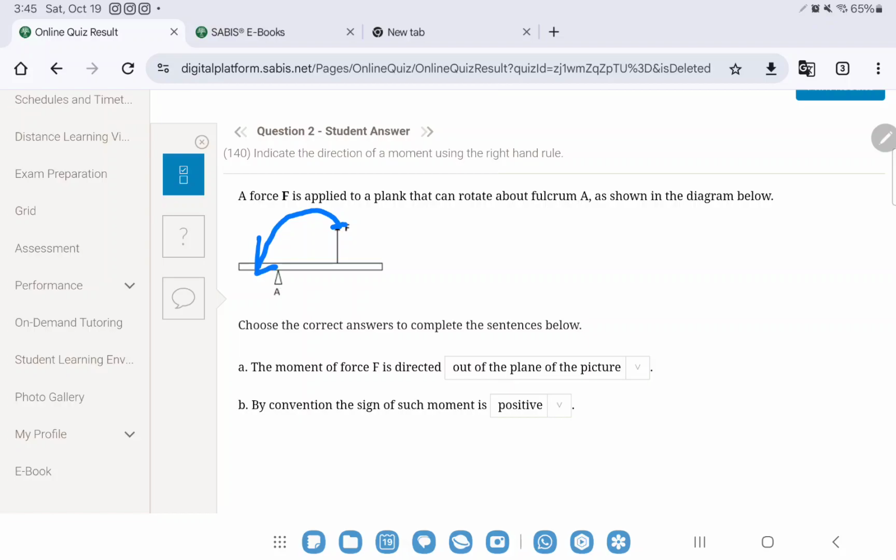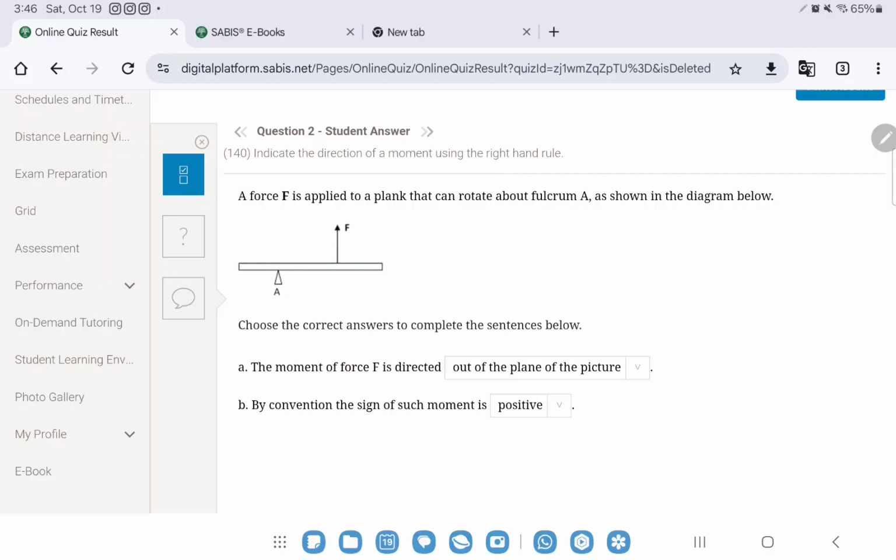And if it's going like that, it's gonna be counterclockwise. So counterclockwise is positive always. And if it's counterclockwise, by right hand rule, it should be out of the plane of the page, because when you do right hand rule, your thumb is gonna be pointed towards you, which means out of the plane of the page.